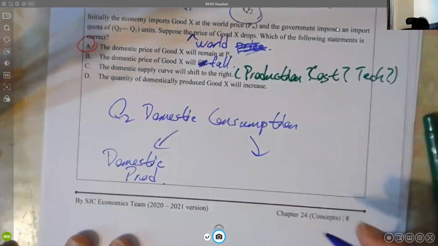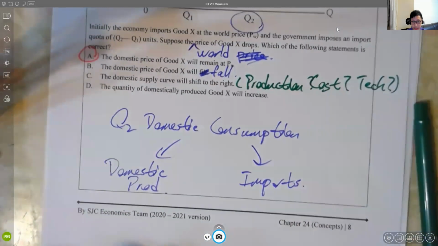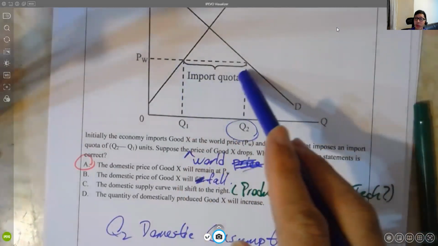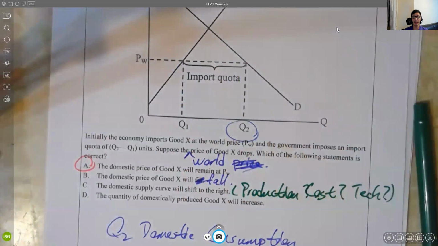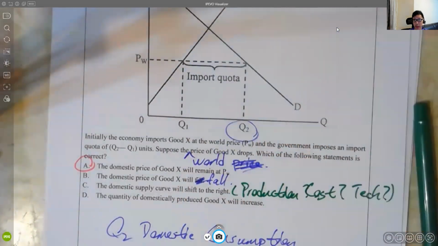Second part, it consists of imports. 好嘛，now, we originally use up all the import quota. If they drop the price now, the world price drop, obviously it should go down, right?